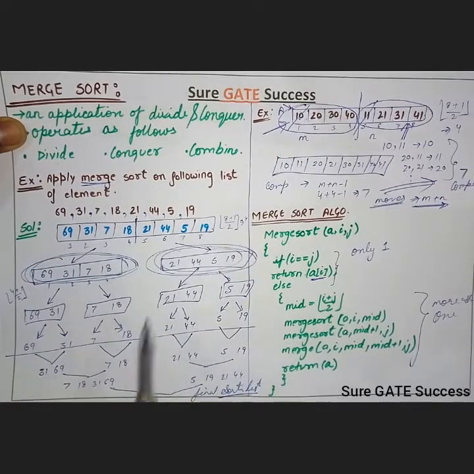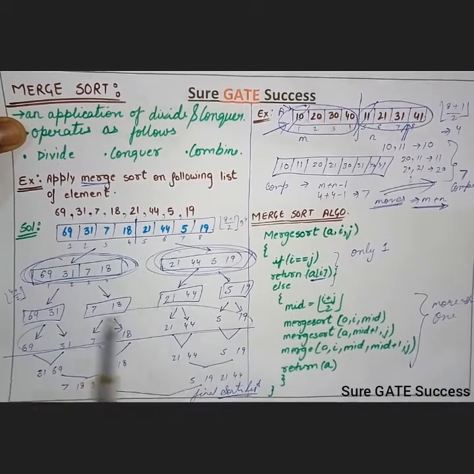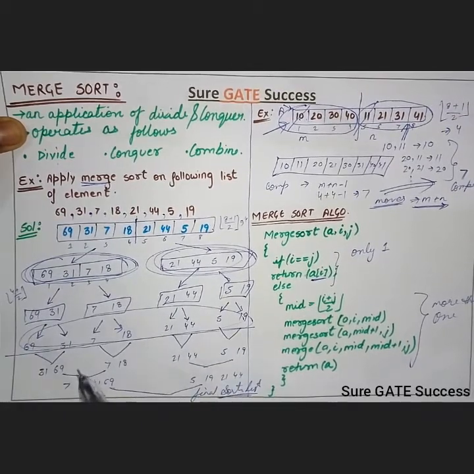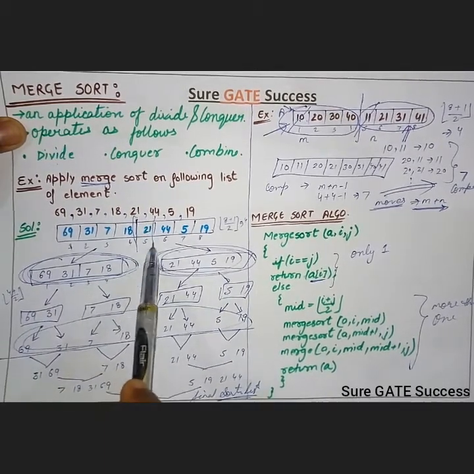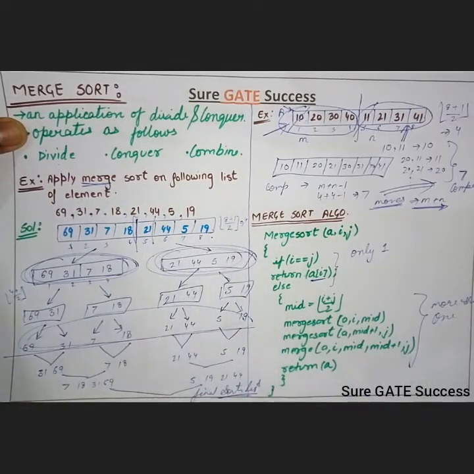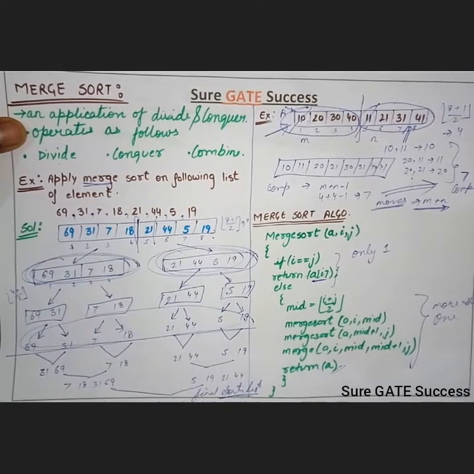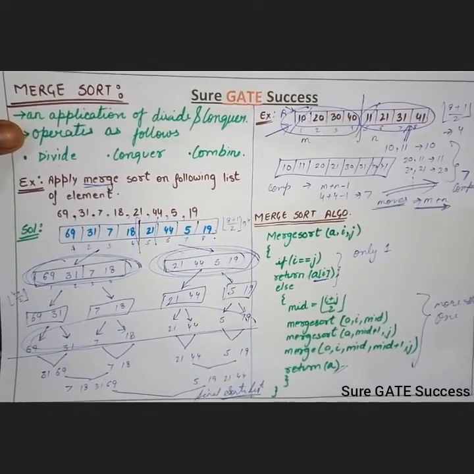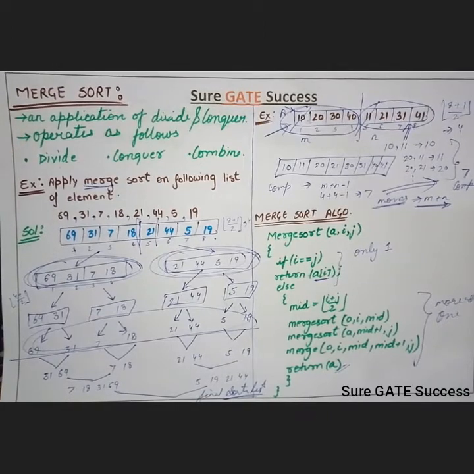And in the end, once they have become small, we have to merge a, i, mid plus 1 to j. That means we have to merge all the elements to return a sorted array. So in this way the algorithm works.